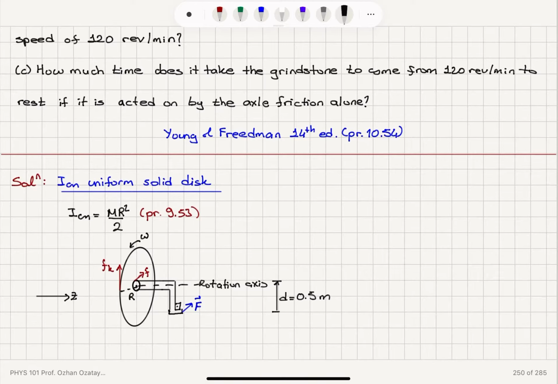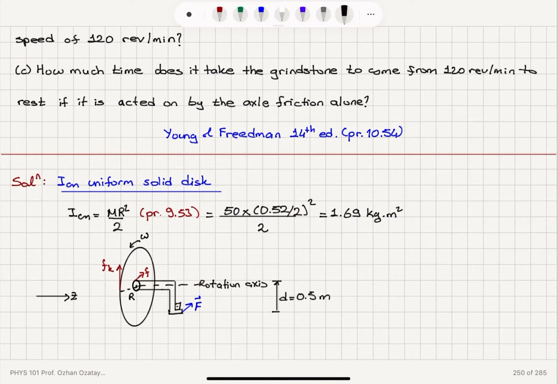So if we substitute the values here, the mass of the grindstone is 50 kilograms, the radius is 0.52 divided by 2 meters, squared, divided by 2. So we obtain 1.69 kilograms meters squared for the moment of inertia of the grindstone.